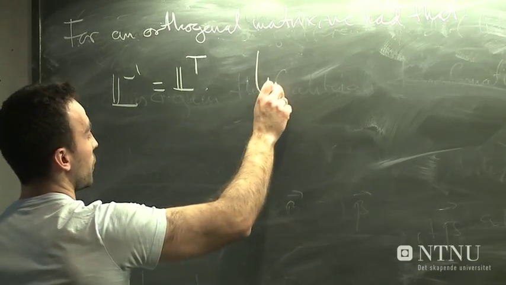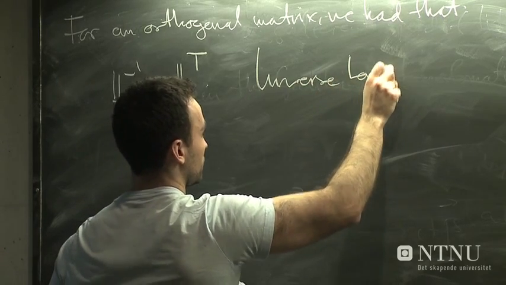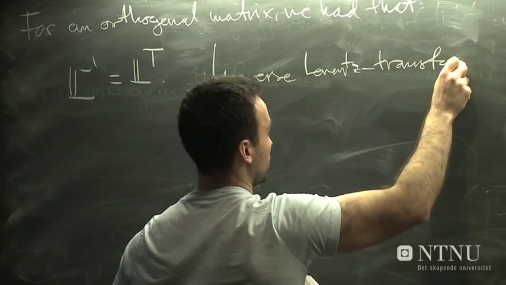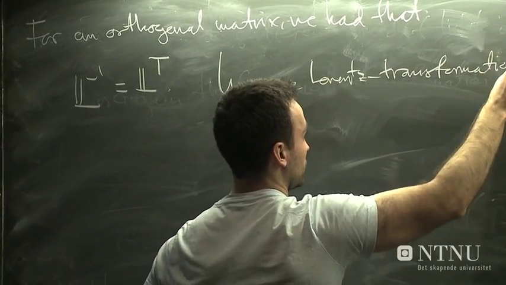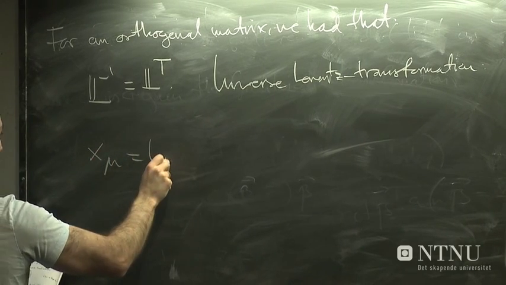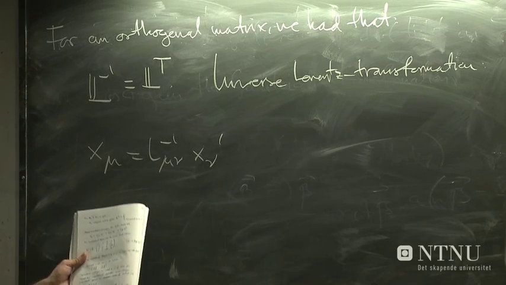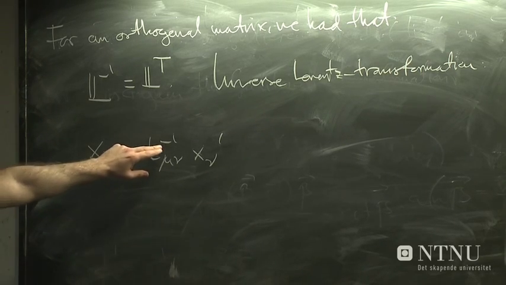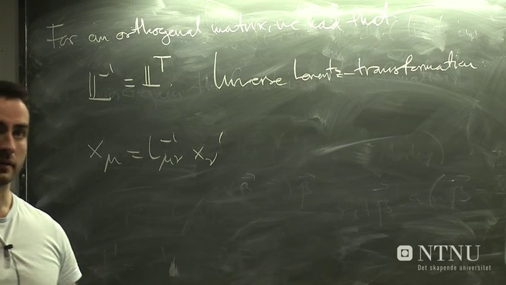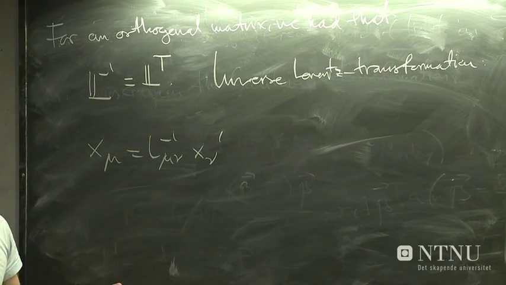So the inverse Lorentz transformation should be written like this, where now the -1 here doesn't mean 1 over L mu nu, but it means the inverse transformation matrix.